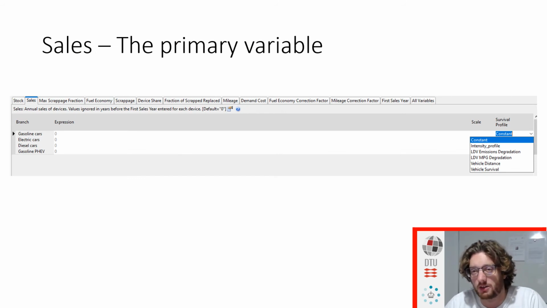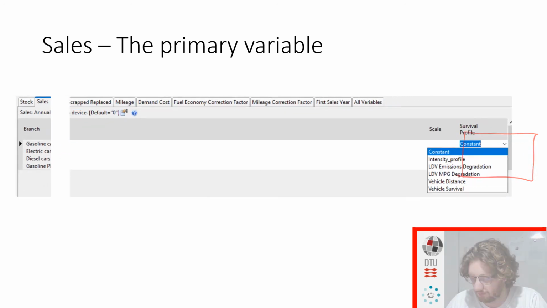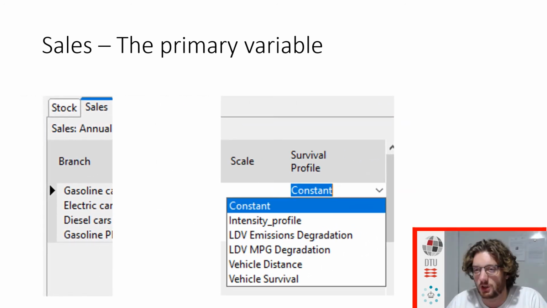Now, sales, just like with the general structure number method, is the primary variable that we control. In this case, we also have a survival profile, of course, which we can choose. And that can be different for the different vehicle types as well.